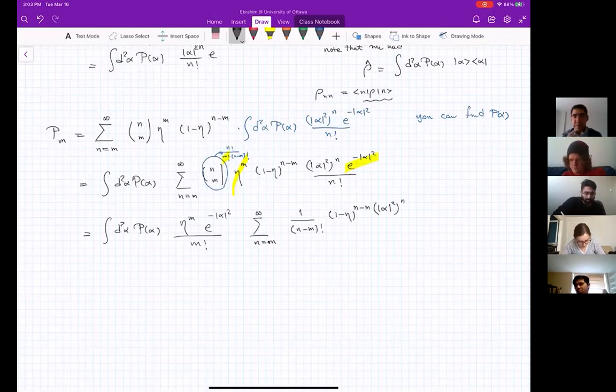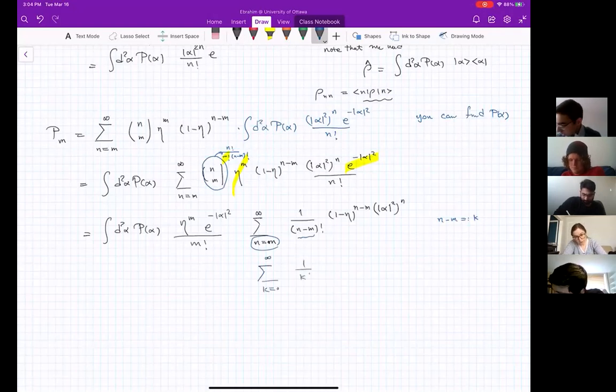Okay. All right. So since the summation starts from m, let's do a change of variable, a change of index. Of course I know that I have n minus m, so I will introduce n minus m as k. Then the summation will be over k, changing from 0 to infinity. That will be 1 divided by k factorial, and 1 minus eta to the power of k.